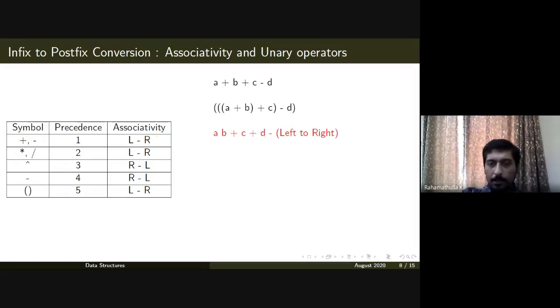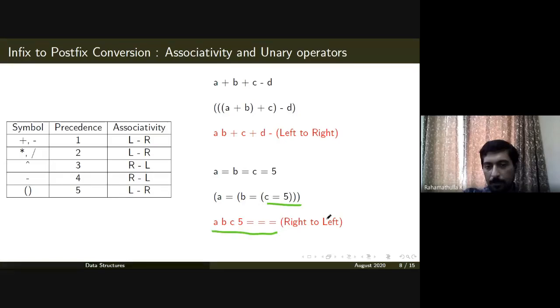For example, a plus b plus c minus d: a plus b is done first, then plus c, so left to right. For the assignment operator, a equal to b equal to c equal to 5, the first operation needs to be done as c equal to 5, then b equal to the result, then a equal to, so this should be the corresponding postfix expression.